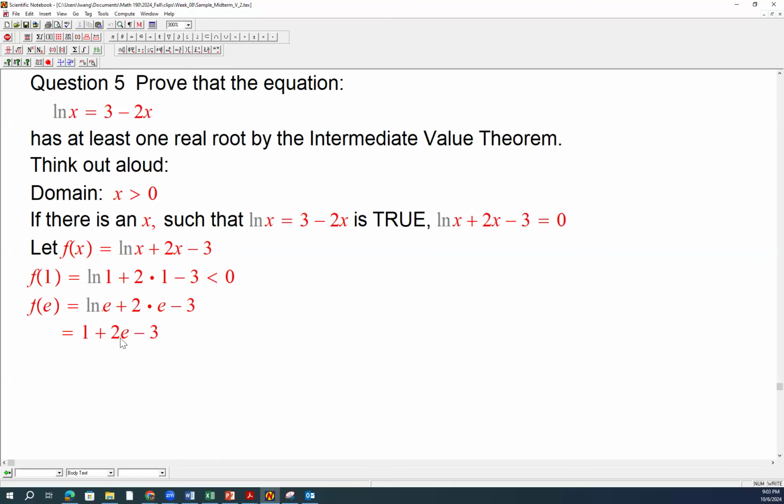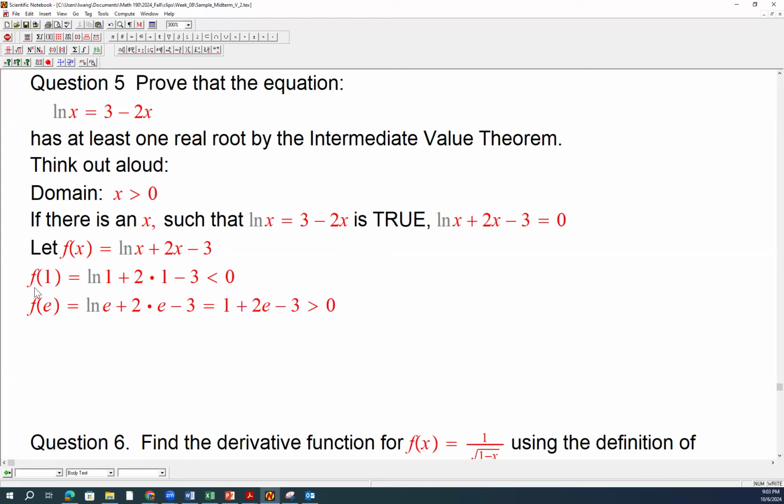Would this be positive? Think about that, e is 2.7, so this for sure is positive. So we have found one that makes it negative, one that makes it positive.